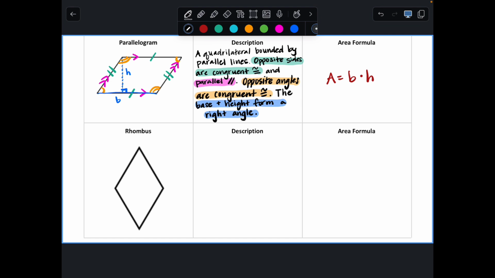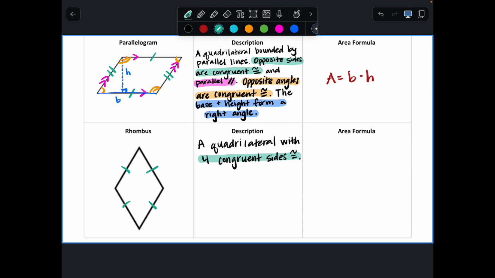Now let's talk about a rhombus. So a rhombus has 4 congruent sides.